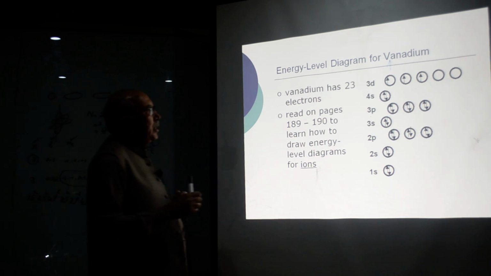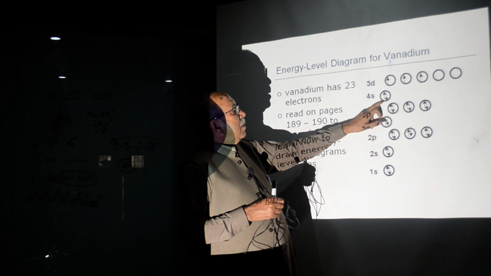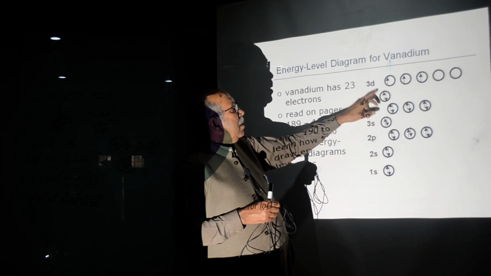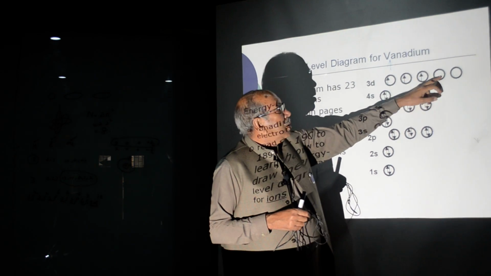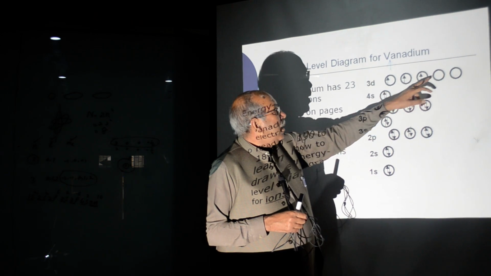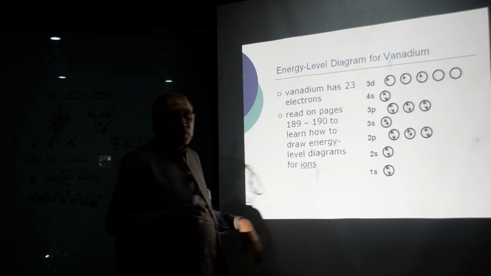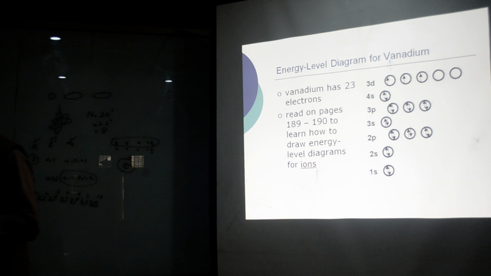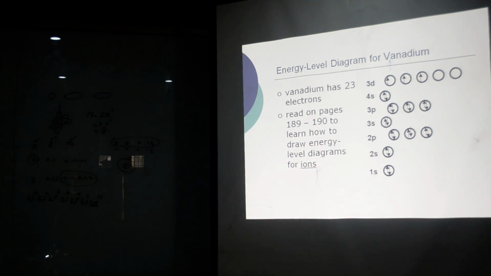This can also be written in this way: 4s1 and 3d4. And that's why we call it a transition metal, because transition of the electron can take place between s and d orbitals.